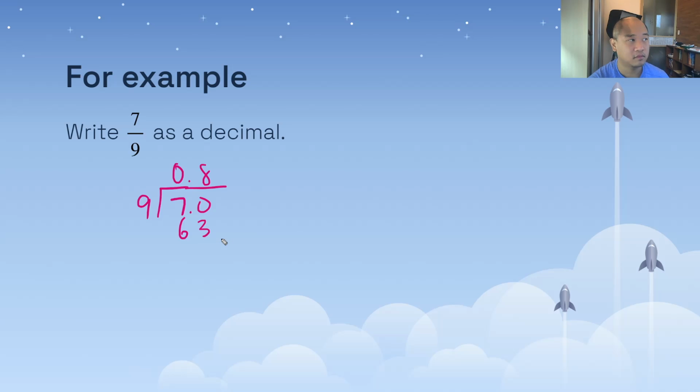No. 8 times 9 is 72. 63 is 7. As you can see, I've memorized my multiplication facts. All right. 7, so now we already have a repeating decimal. So 7 over 9 equals 0.7 repeating.